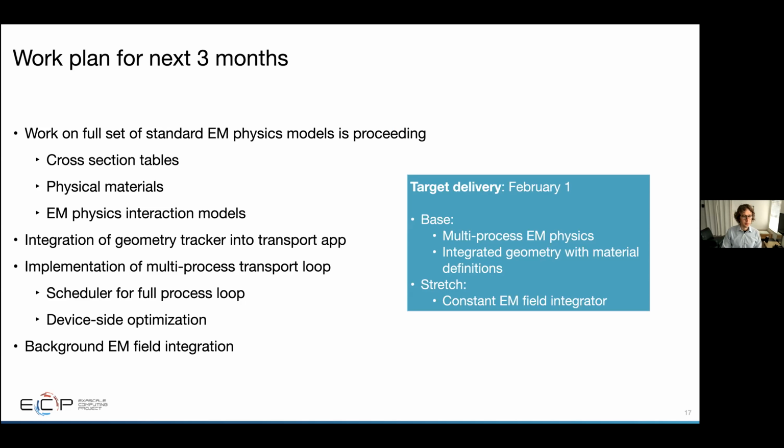We've got some ideas for how this will work, especially based on the background that we have in Shift, where we have parallel work being done. So we think that we have a good background for getting this up and running and integrated. And then finally, doing the EM field integration and propagation.